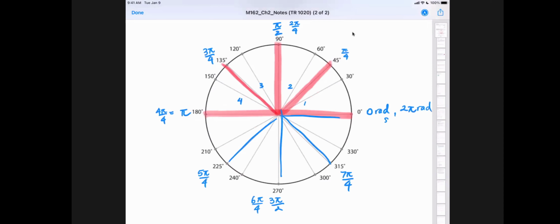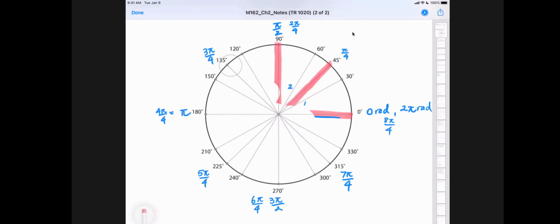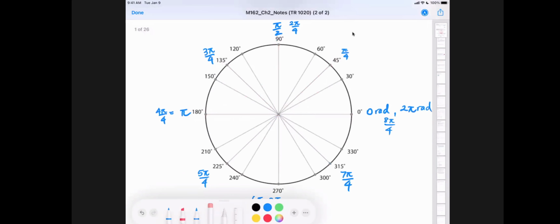Then the full loop around is 8 pi over 4, which is 2 pi. All right, so that's the 45-degree case. For the 45-degree angle cases, you're counting by fourths because we cut the top half into 4 equal pieces.